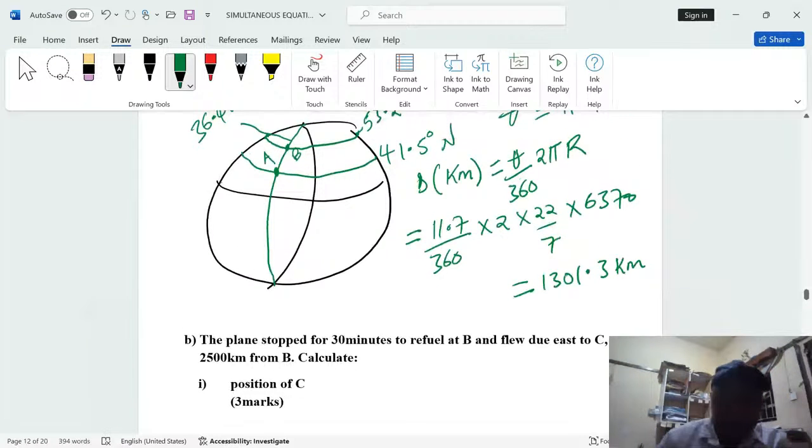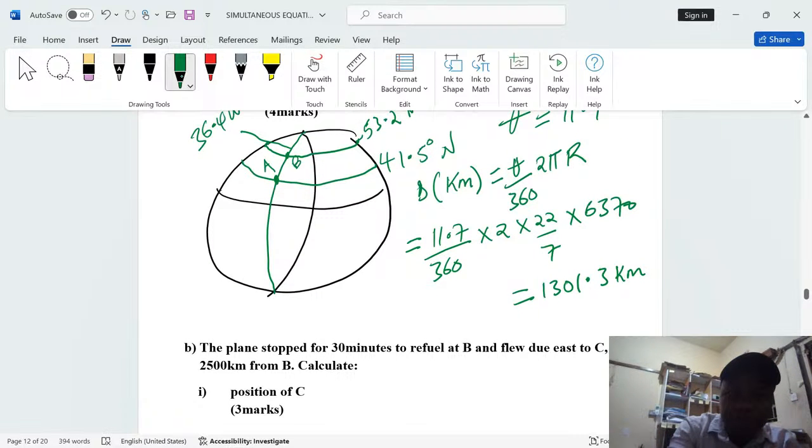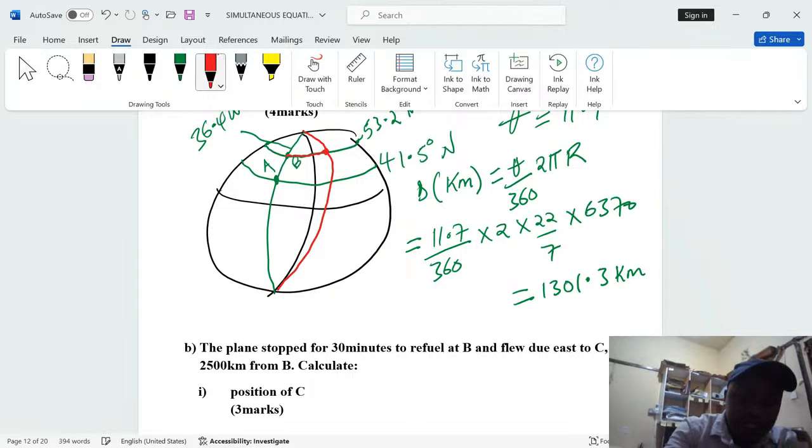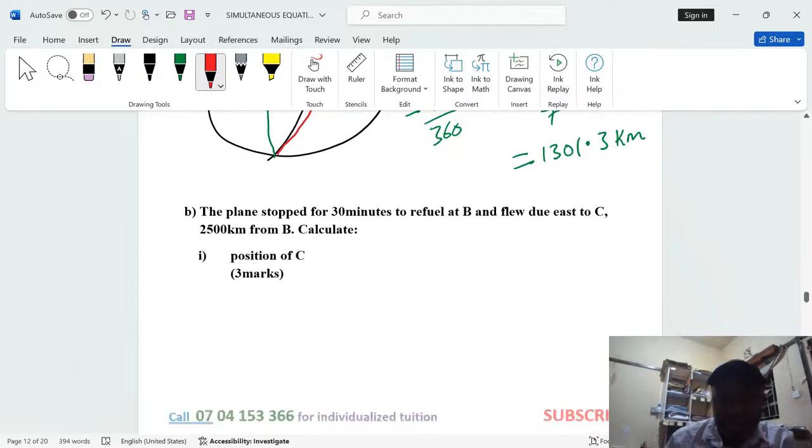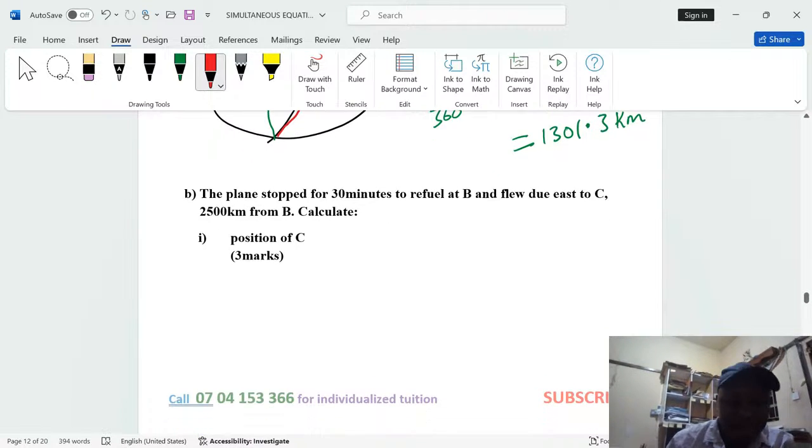So we are going to have a movement from B towards the east, that is towards the right, until we find ourselves at a point C, where we don't know its position, but we know the distance. We should be able to analyze this question knowing that the distance is in kilometers.